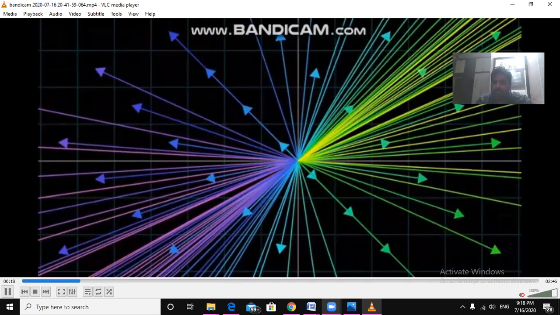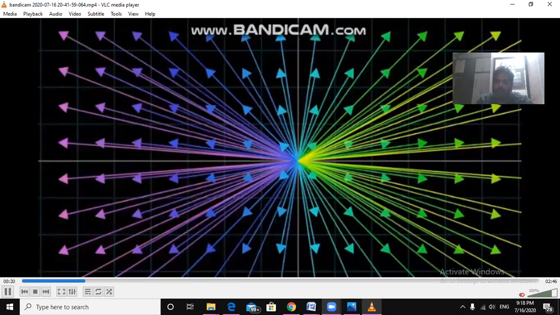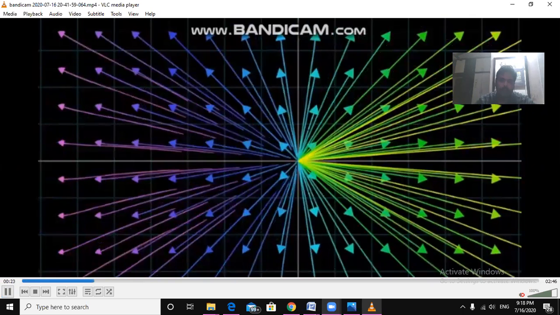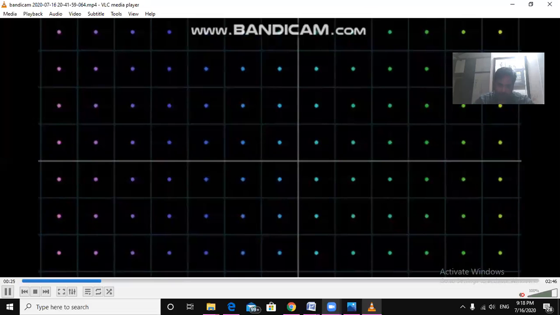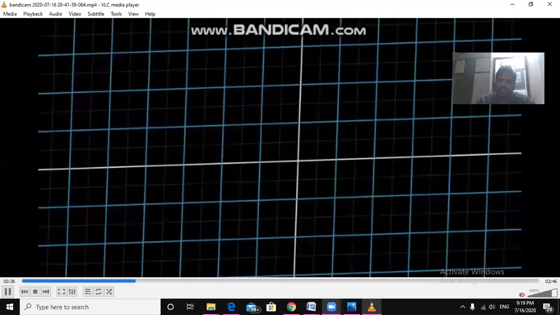It looks a little confusing, all these vectors together. So we will represent all these vectors with dots, the tips of these vectors. Through some transformation, these dots are transformed and stretched.